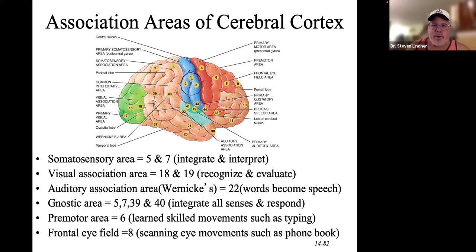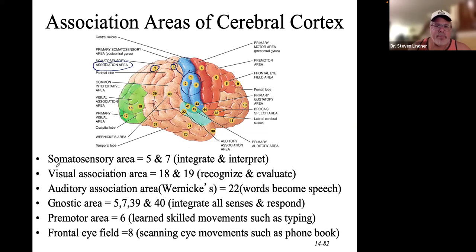So 1, 2, and 3 don't function by themselves. They're going to relate to 5 and 7. There's an association area. Anytime you see association, it's not the primary region, but it's going to work in conjunction.